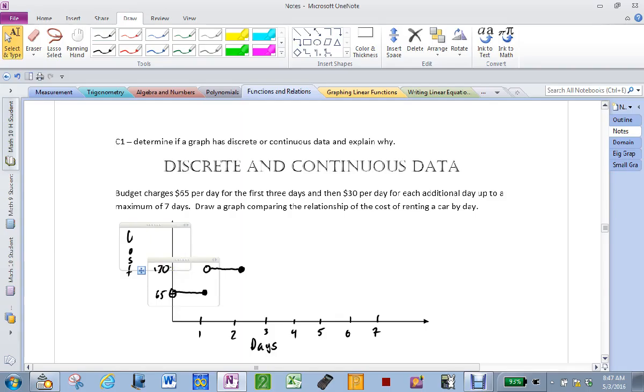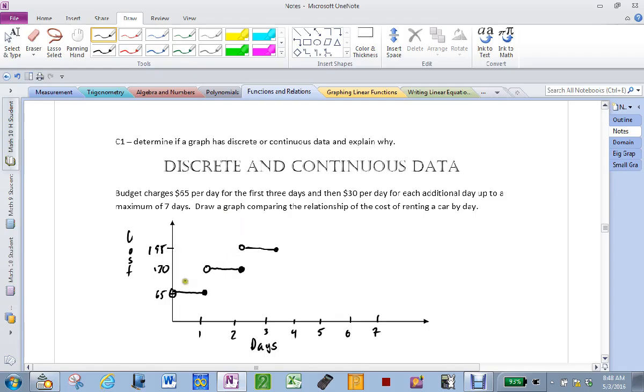What happens at the second day to the third day? Same thing, but what am I at? 195. What happens at the third day? Does my format change?